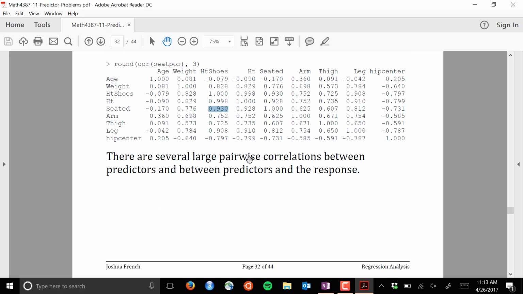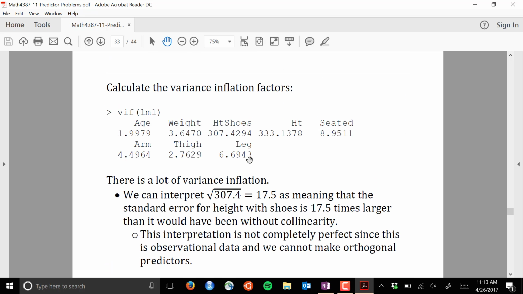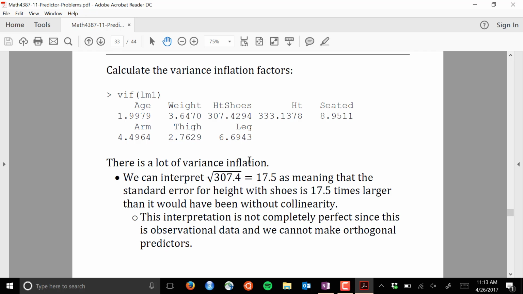So now let's look at the VIF values for our data set. The way that you can compute VIF values is by fitting your regression model, which in this case is already stored in LM1, and then we simply use the VIF function, which is available in either the car package or the faraway package. So it actually doesn't matter which one you use. We have the VIF value for each one of the regressors in our model, and we can see that height shoes and height have really large VIF values.